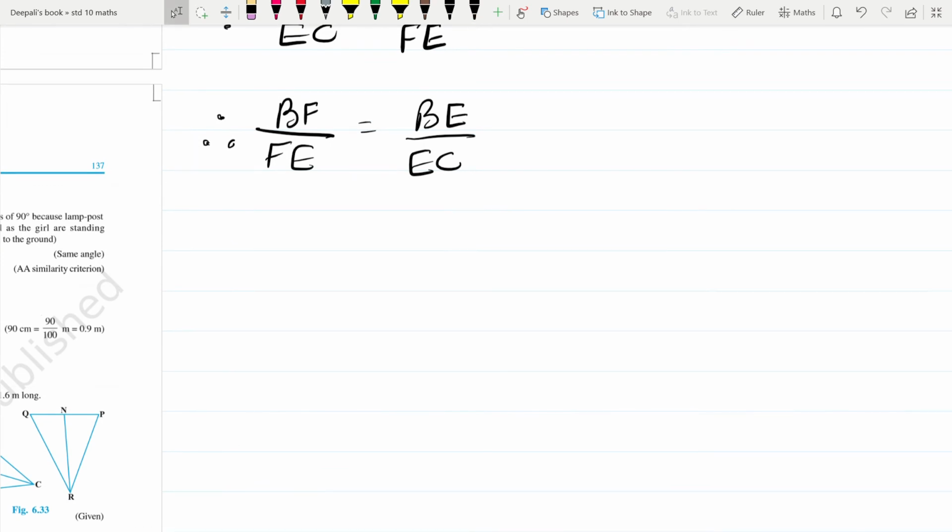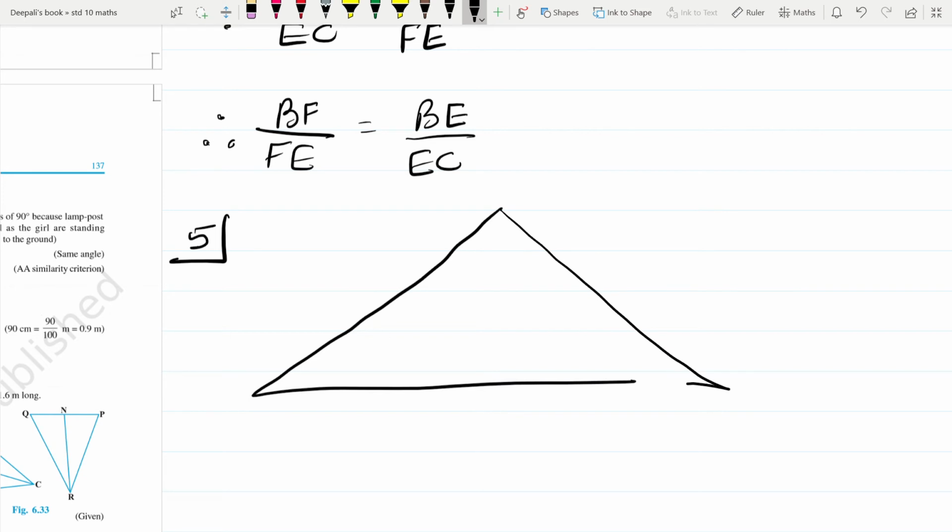Now let us go to the fifth question. In figure 6.20, we have again a triangle PQR and EF is a line.